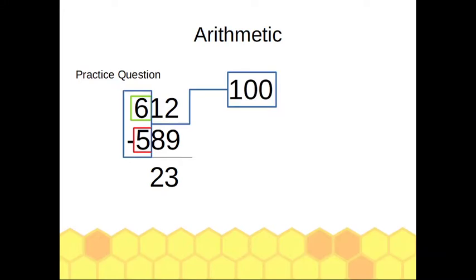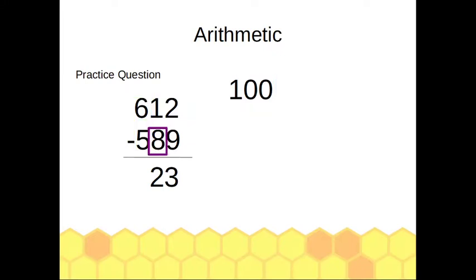Next step is to focus on the number 8 of the 589. You know that it is 80. Subtract it from the 100 and you will get 20. Now you may ask, why are we doing this?